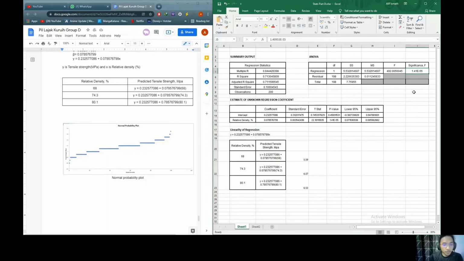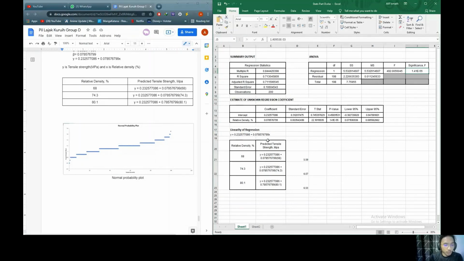When we compare the significance F and alpha, we can see the significance F is smaller than alpha, so H0 will be rejected. So we conclude that the data provide strong evidence that a significant linear relationship exists between X and Y.